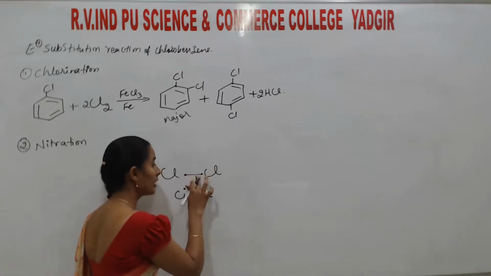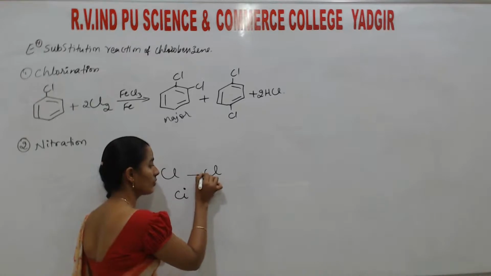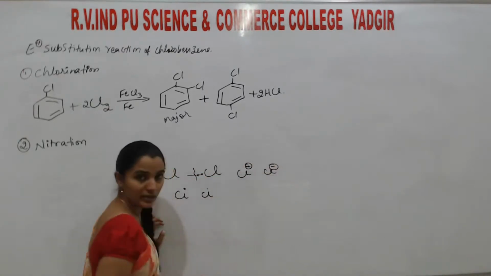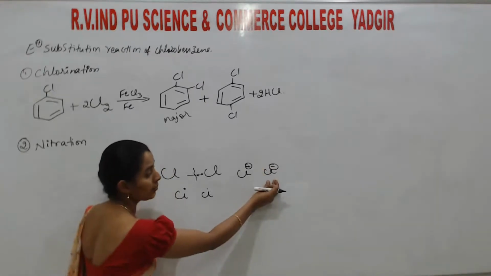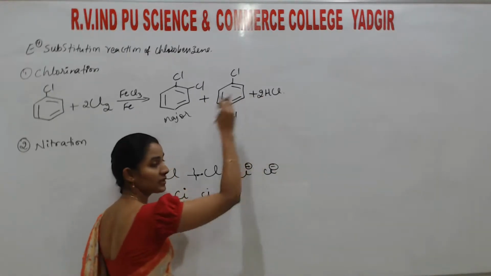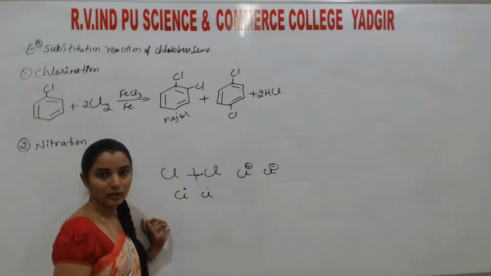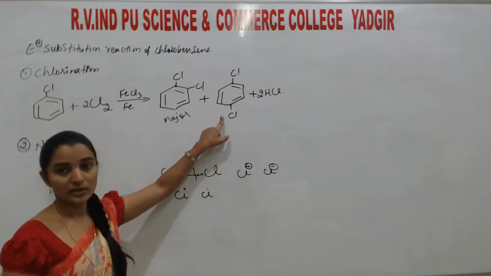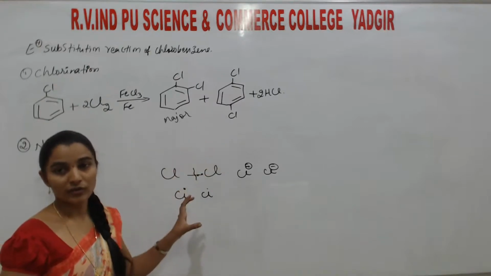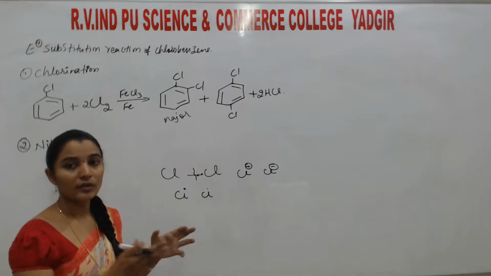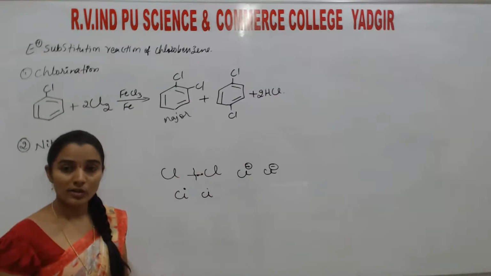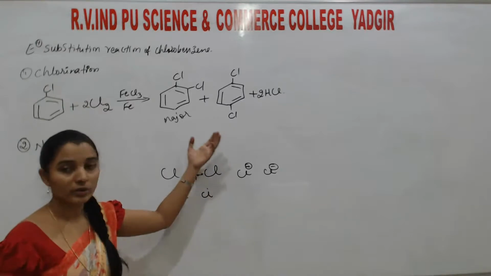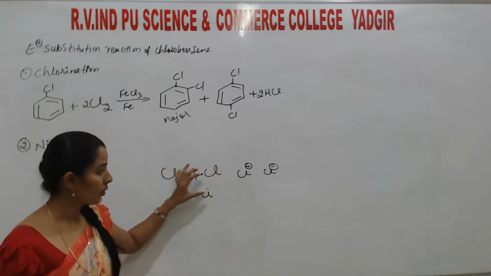Heterolytic bond cleavage means both electrons go to one side: one is Cl plus, another is Cl minus. This Cl minus combines with H plus and forms HCl. And here the ring has the negative charge, so Cl plus is going to attach here. That's why it is an electrophile. Don't think halogens are always minus charged. If they carry a minus charge they are not electrophiles, they are nucleophiles. That depends upon the cleavage.